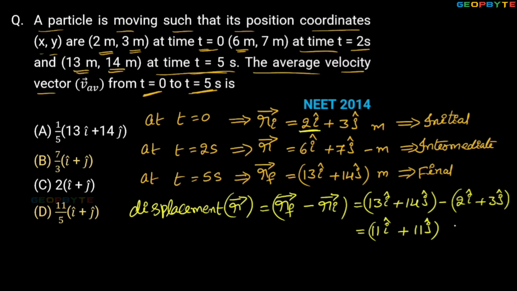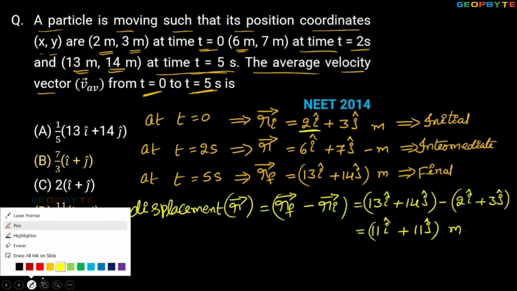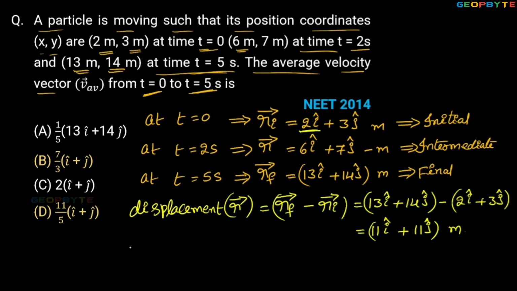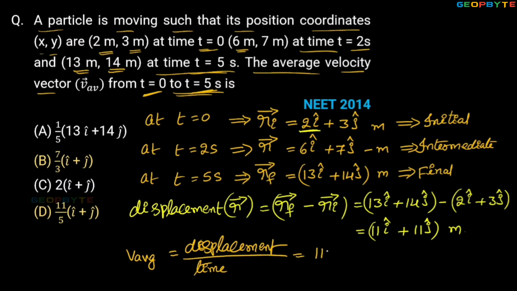That is the displacement. Then average velocity, v average equal to displacement by the time period, that is 5 seconds. Displacement is 11 i cap plus 11 j cap divided by 5.